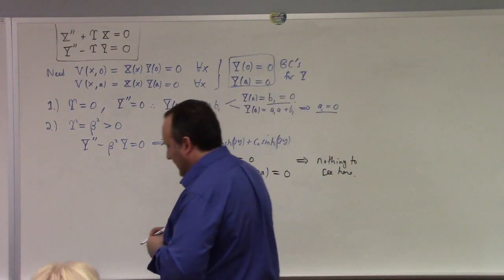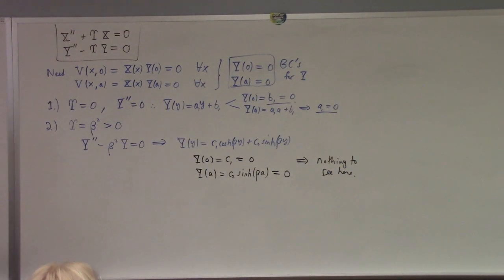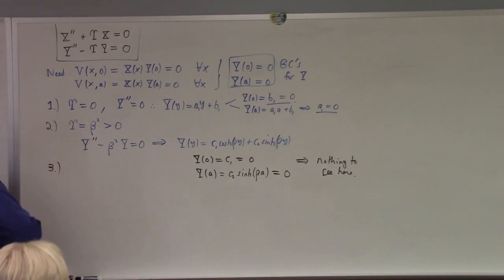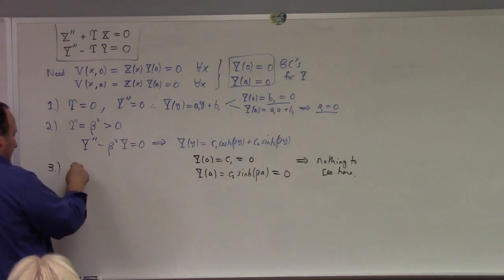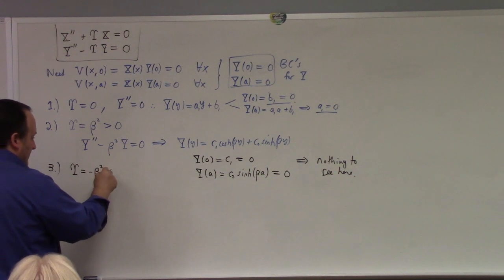All right. Now what Griffiths almost certainly does is not show you this and just write down the interesting part, if I'm guessing, which is what I would do too if I was smarter. But I wanted to show you the logical process, which is that there are cases to consider. The other case is that upsilon is minus beta squared, you see.